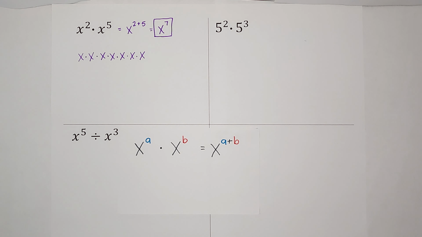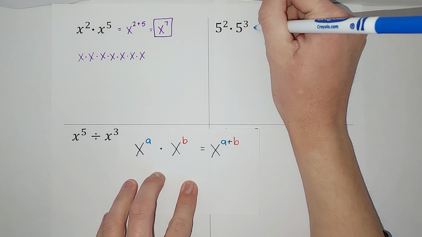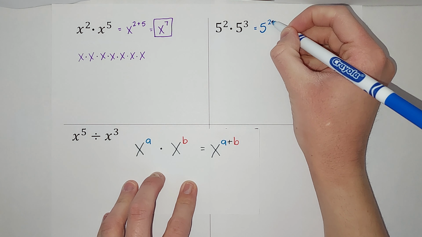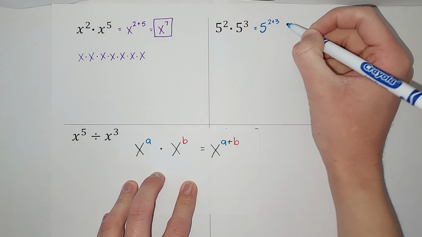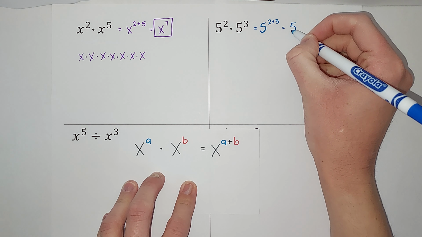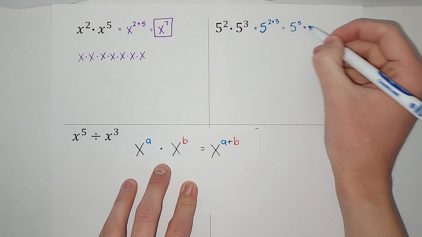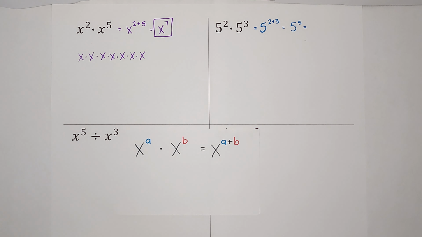All right, let's look at one that has a number instead of a variable. Okay, so I have 5 squared times 5 to the third. If I follow this, that'll give me 5, and then my exponent will be 2 plus 3, right? When I add those, I get 5 to the fifth, okay? Which is not 5 times 5, right?